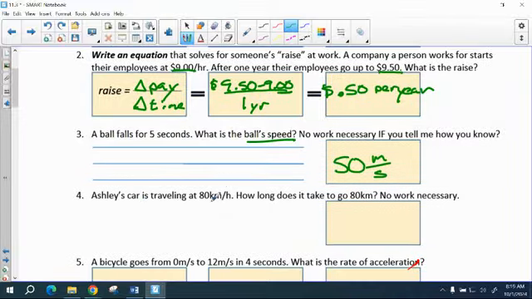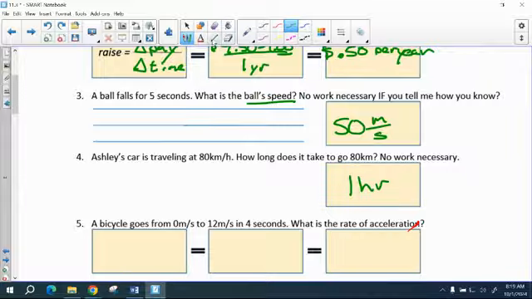Ashley's car is traveling at 80 kilometers per hour. How long does it take her to go 80 kilometers? It's right from your homework. 1 hour. Good. All right, so I'm going to stop right there. I'm going to let you guys do the rest of this, and then we'll come back, okay?